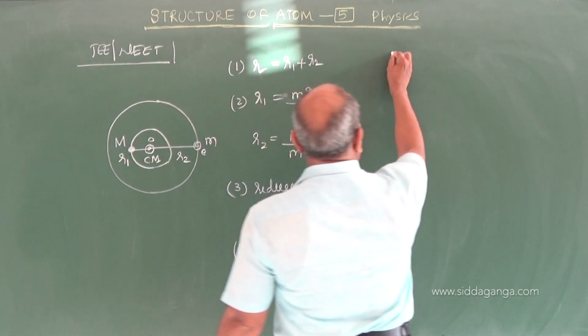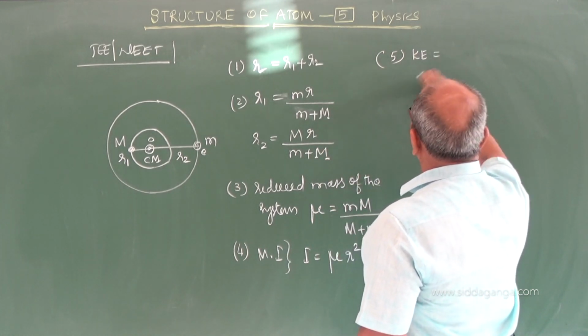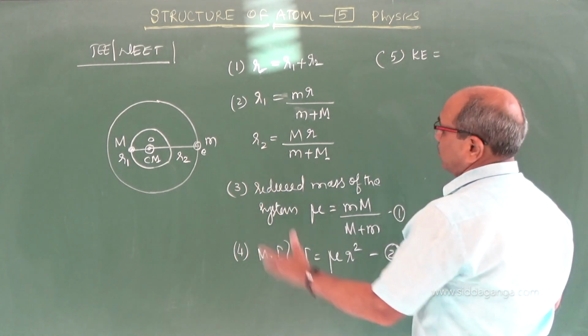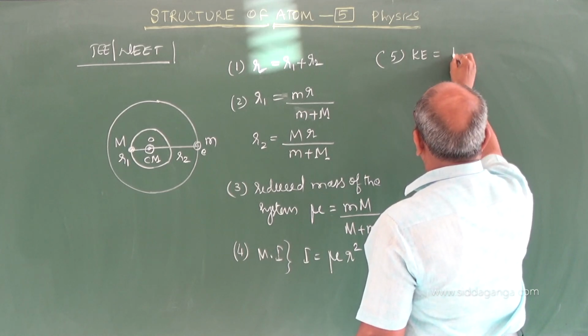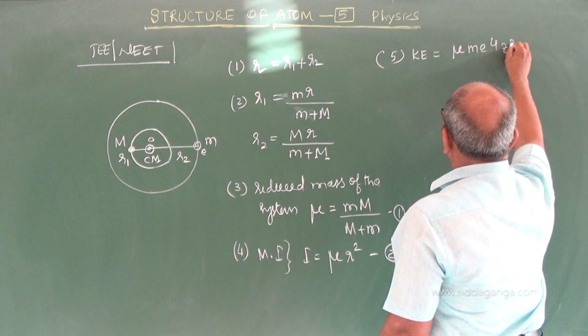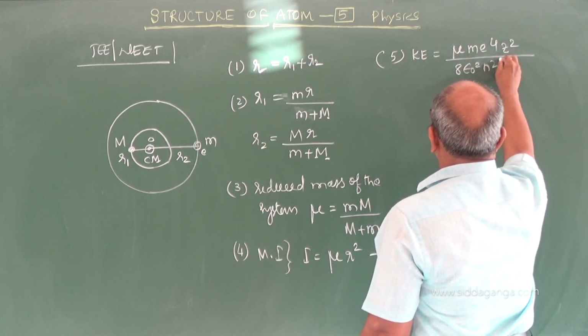And you can even calculate the kinetic energy of it. In Bohr's theory, the kinetic energy of the electron, now I am extending it to the whole atom, is equal to mu e to the power of 4 z square divided by 8 epsilon naught square n square h square.